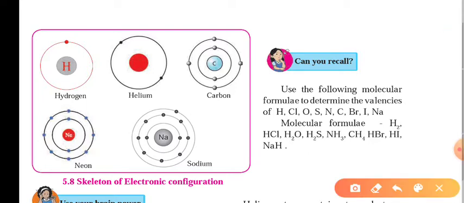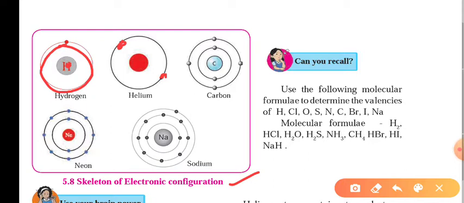To discuss that valency, before that we should know about the skeleton of electronic configuration. Hydrogen is designed like this: you can see the nucleus of hydrogen at the center, and the one electron is revolving in the orbit. Only one shell is there. Helium has one shell and two electrons, one here and one here, revolving in the first orbit.